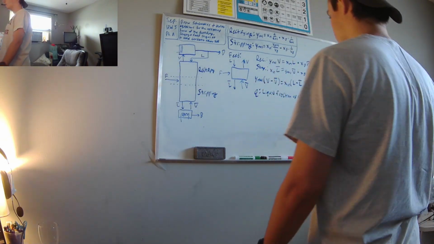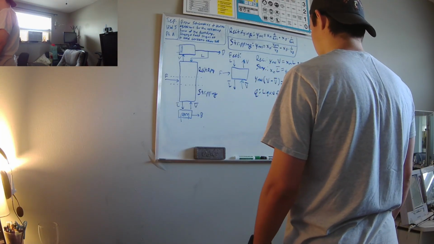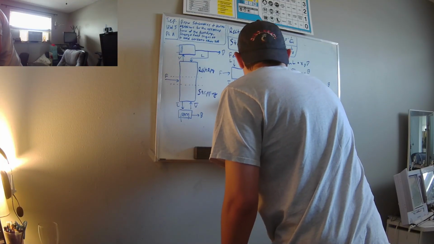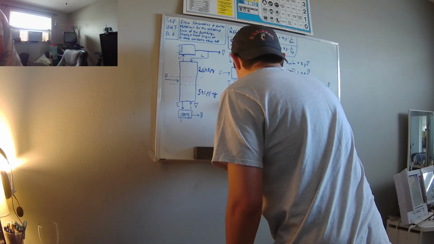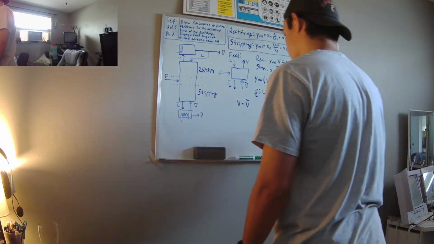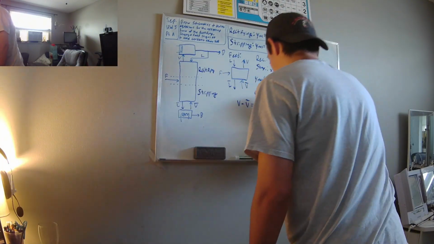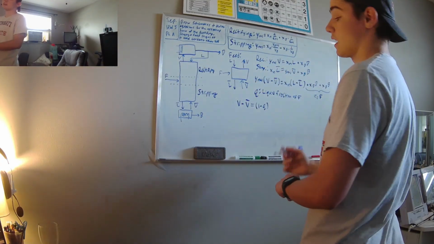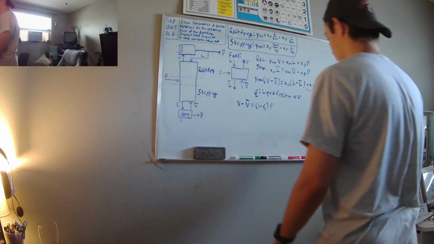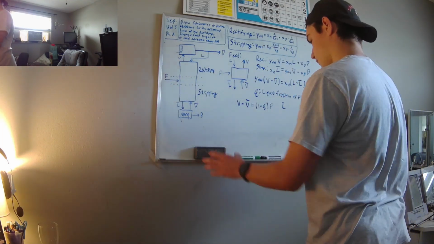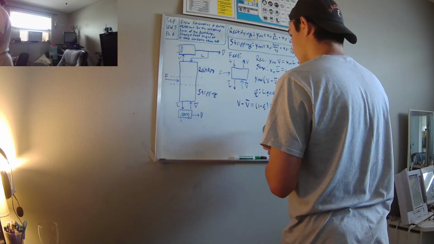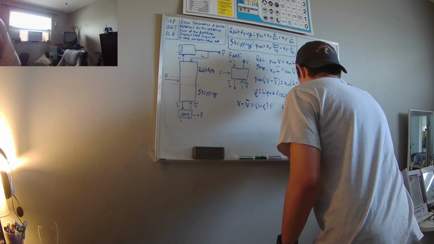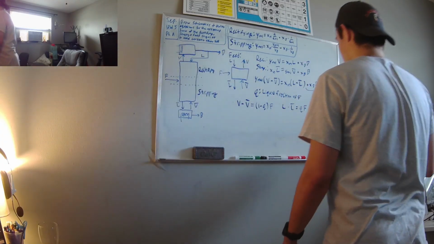So knowing that, we can say that V minus V bar is just going to equal 1 minus Q, i.e. the fraction of the feed stream that's not liquid, times F. The other side of that, we can say that L minus L bar is going to equal our Q times our feed stream F.